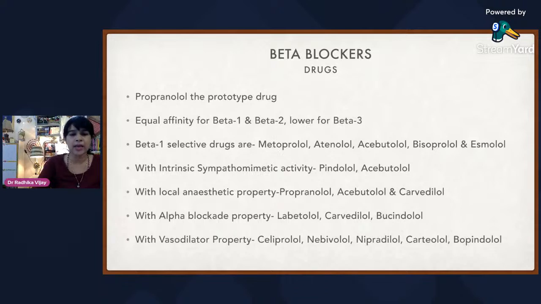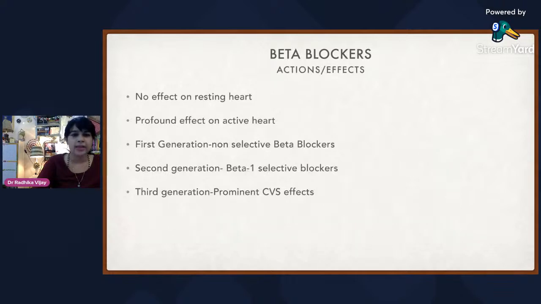They all show these vasodilator properties. Then there is additional membrane stabilizing or local anesthetic property, which is a feature of beta blockers like acebutolol, then we have propranolol, then carvedilol, etc.